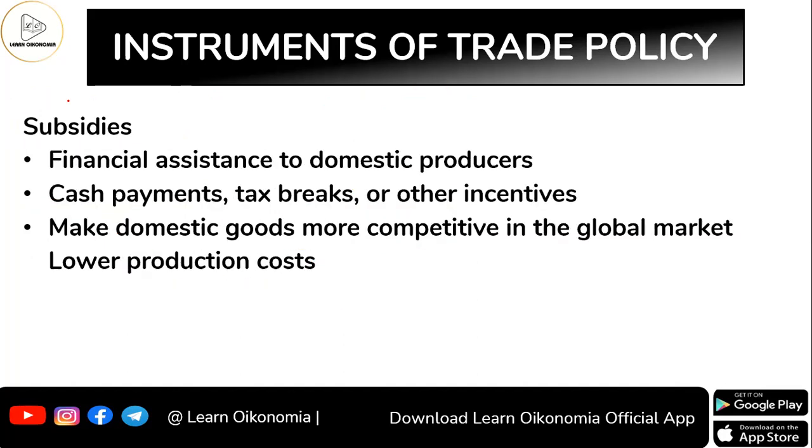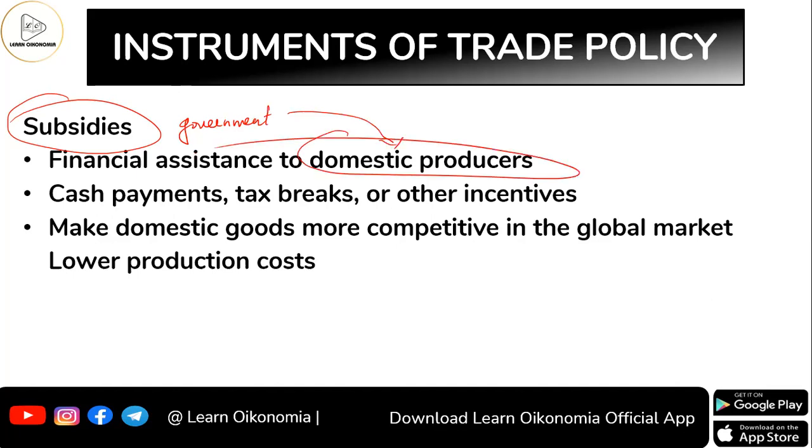Now, next is called subsidies. What are subsidies? It is a kind of financial assistance that the government gives to domestic producers. Why? Because when this kind of financial assistance, in the form of cash payments, tax breaks or other incentives, is given to domestic producers, they feel encouraged to produce more.